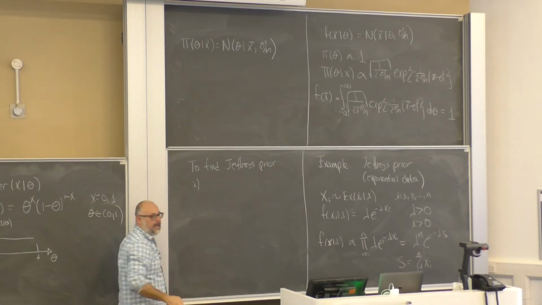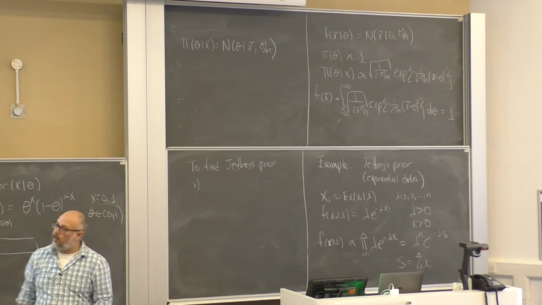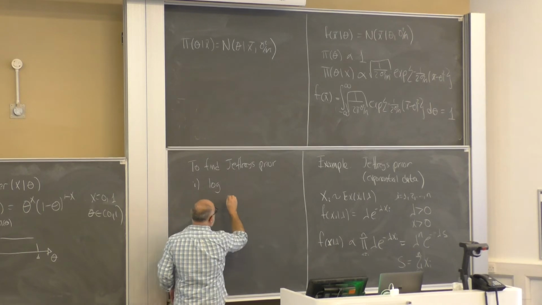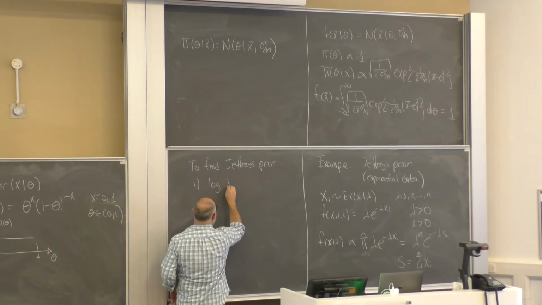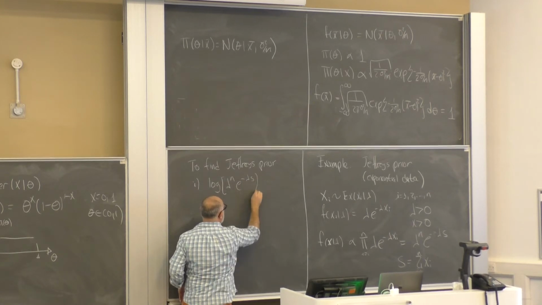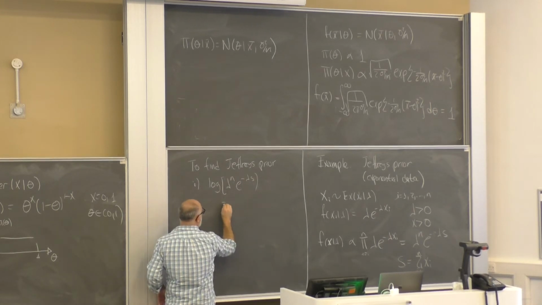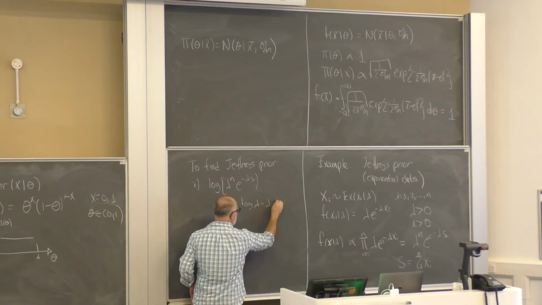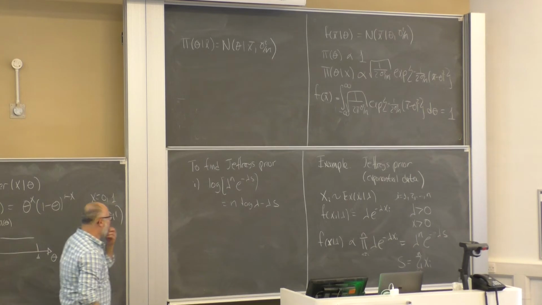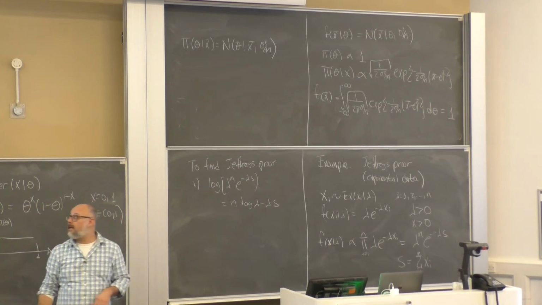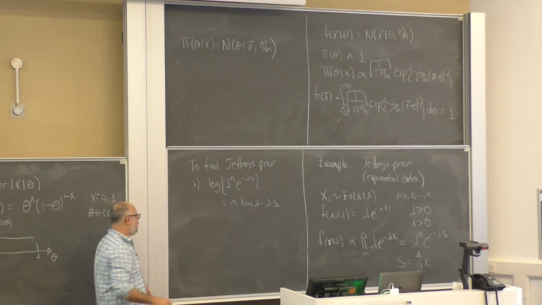First thing I need to take is the log of the joint distribution, or the likelihood, right? And second thing, the second derivative.